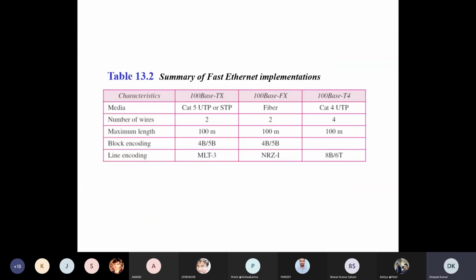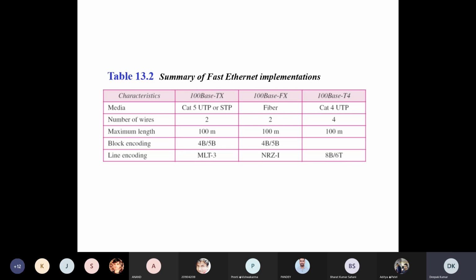See the summary of the fast Ethernet technique. The medium for 100 base TX is category 5 UTP. 100 base FX is fiber, and 100 base T4 is the same as TX, that is UTP.